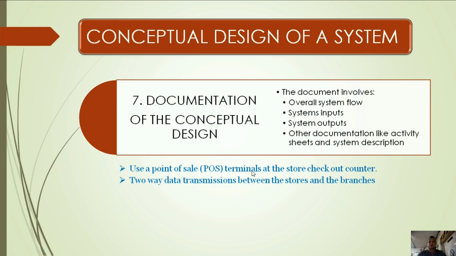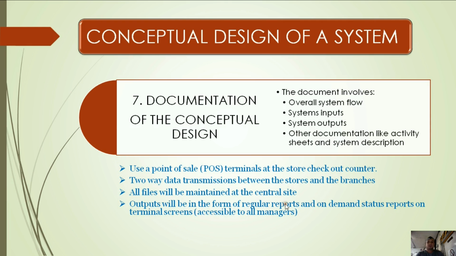There are two-way data transmissions between the stores and the branches. All files will be maintained at the central site if they decide on the central system. Outputs will be in the form of regular reports and demand status reports on terminal screens accessible to all managers.